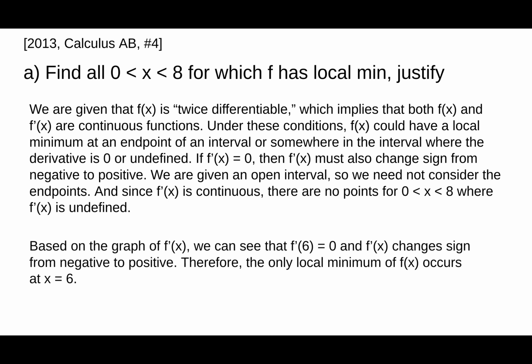So, justifying our conclusion based on what we are given, which at this point is pretty much just the graph of f prime, we can see that f prime of 6 is equal to 0, so it meets that requirement, and f prime of x changes sign from negative to positive at x equals 6. So, we can conclude from this that the only local minimum of f of x occurs at x equals 6.